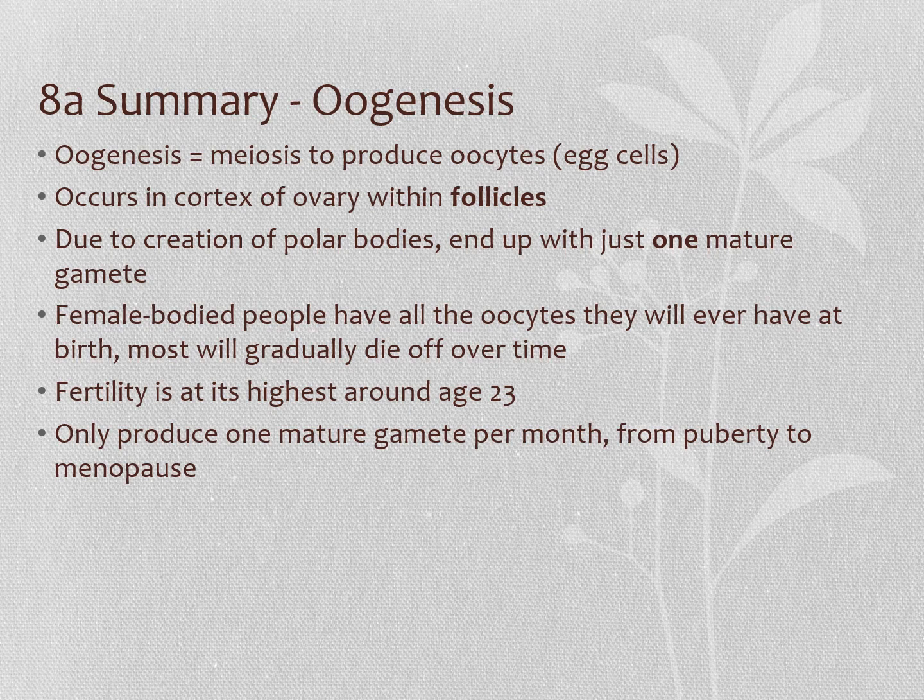So that's really different. Also, female-bodied people start with all the oocytes they're ever going to have. Their fertility peaks around age 23, and they only produce one gamete per month, starting at puberty and then ending at menopause. So they don't stay fertile through their entire life. All right, so we'll talk about the actual menstrual cycle itself starting in the next lecture.